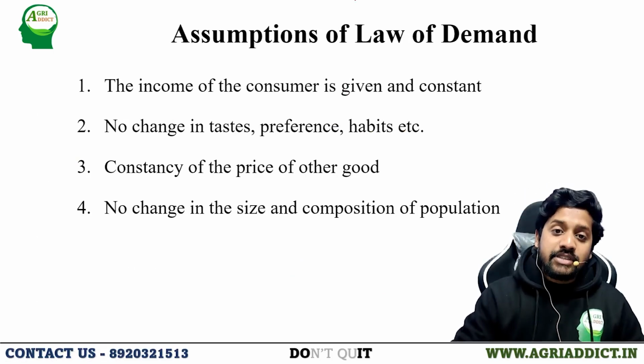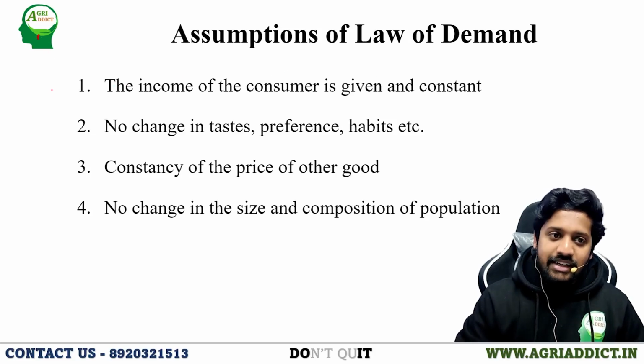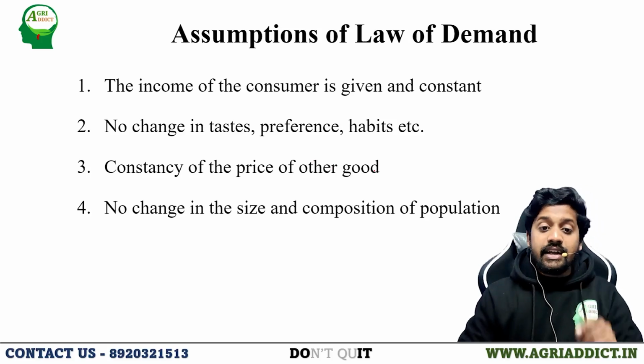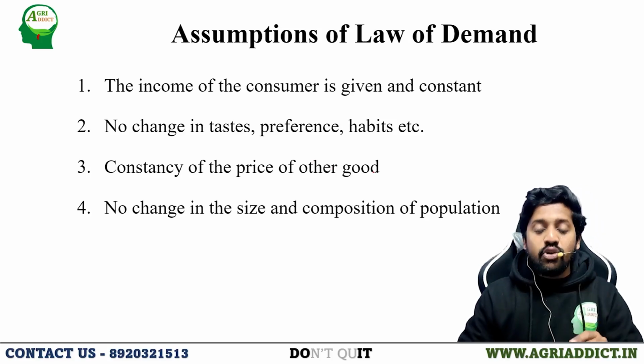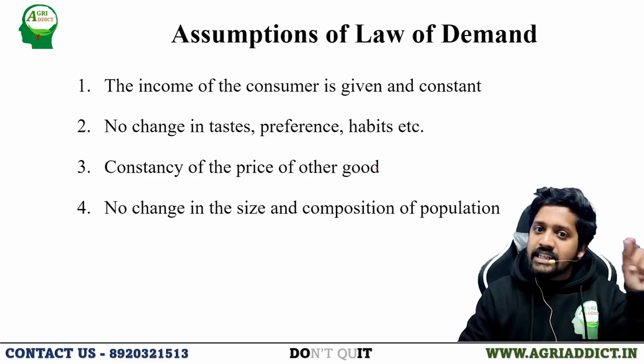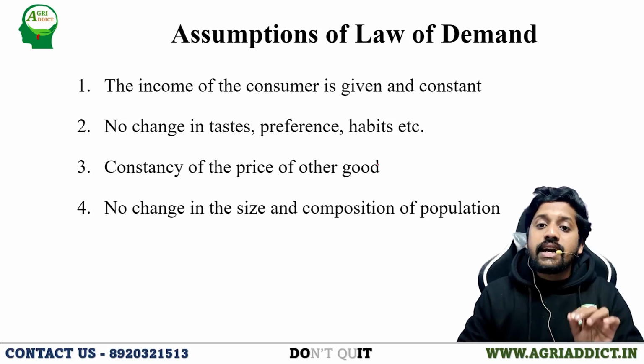There are certain assumptions for the law of demand. The income of the consumer is given constant, so there won't be any changes in tastes, preferences, habits, etc. And there is constancy of the price of other goods, that is, the price of the related goods should be the same. So when we state the law of demand, we give a ceteris paribus, that is, all other conditions have to be constant.